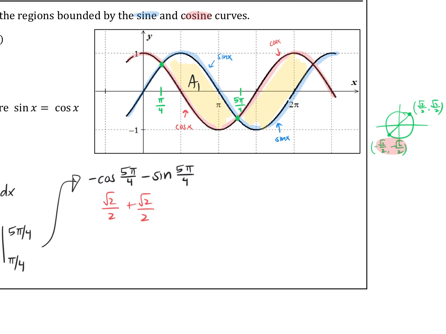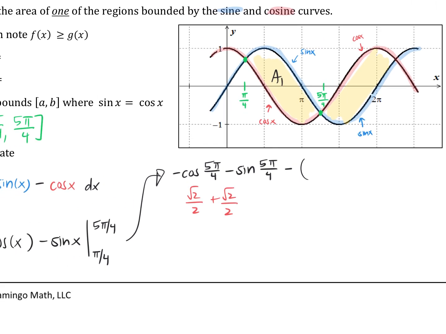Okay, but then we're going to subtract the entire quantity. So that's where people mess up here, is we forget our parentheses. We're subtracting the entire quantity of what we get when we plug in pi over 4. So negative cosine of pi over 4 minus sine of pi over 4.